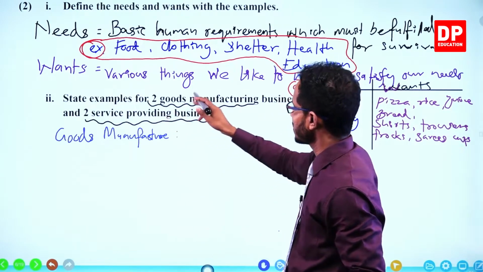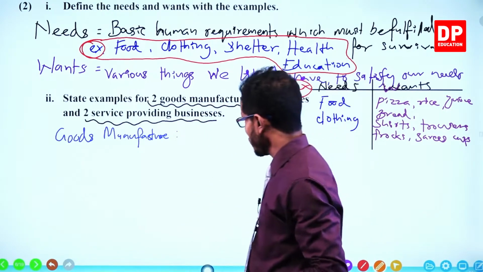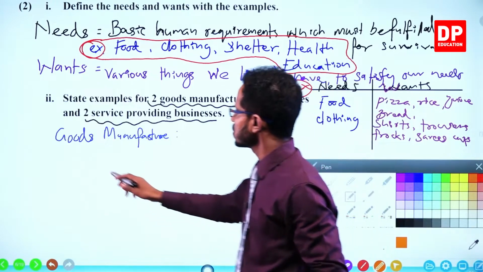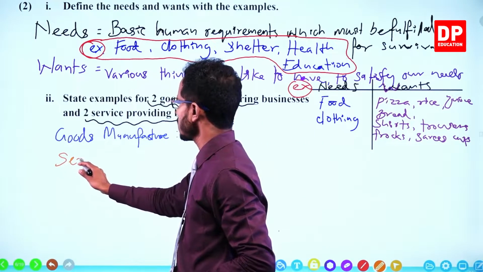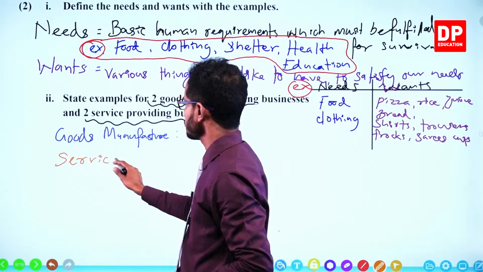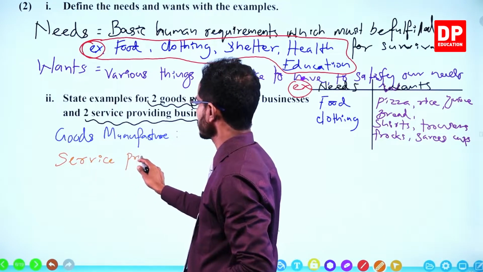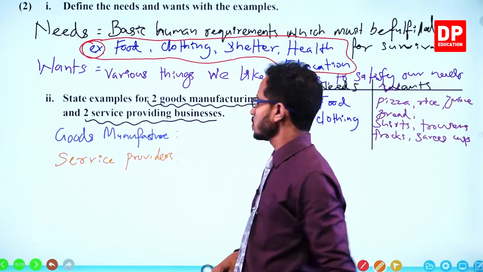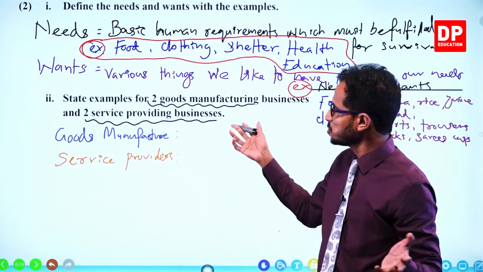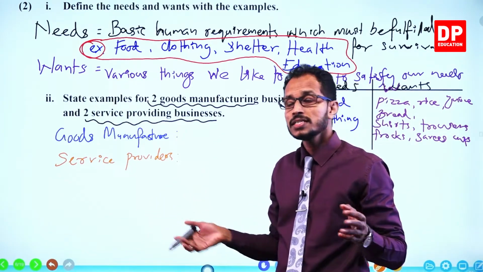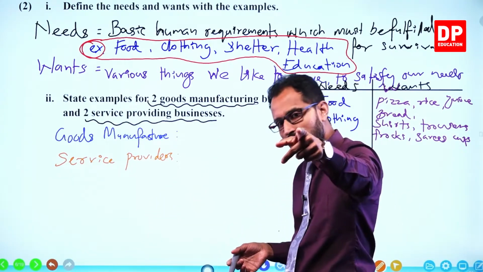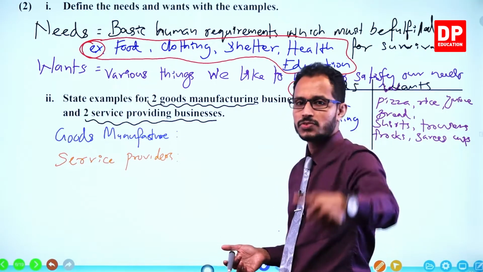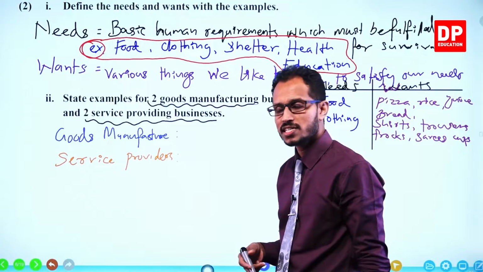Okay, state examples for two goods manufacturing businesses. Then two service providing businesses. Service providers. Who are the service providing businesses that you know? Yeah, that's a good girl. First example that she gave is a salon.